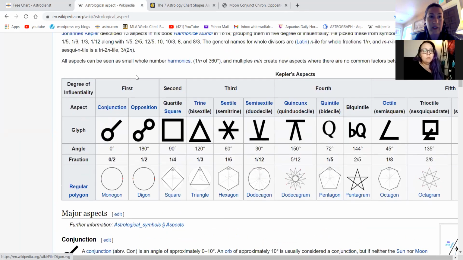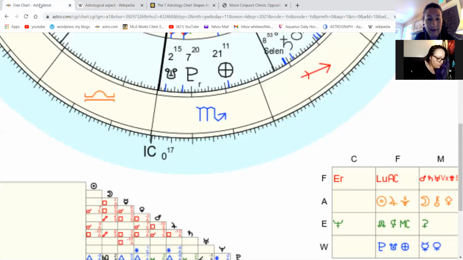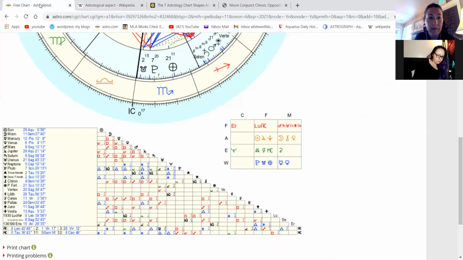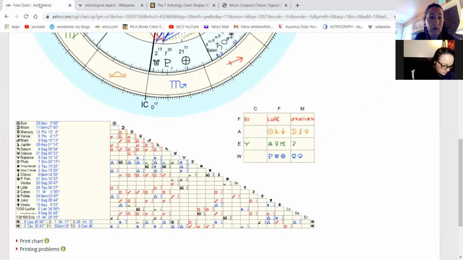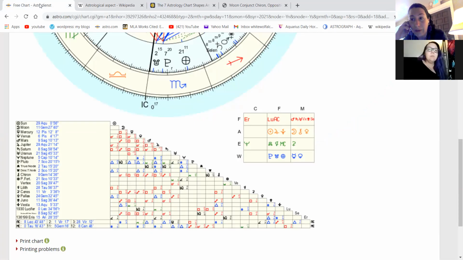Let's look at your oppositions in your natal chart. The opposition is literally 2 planets opposing each other to learn from the other. Polar opposite energies, completely opposite, learning to meet in the middle and understand each other's perspective.